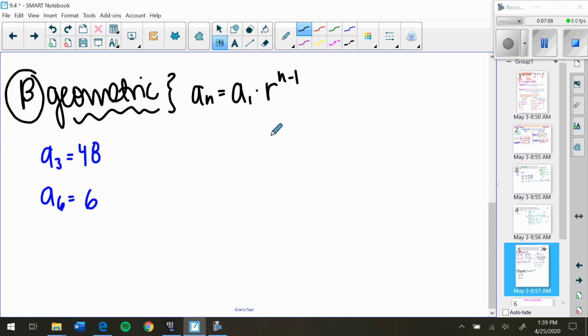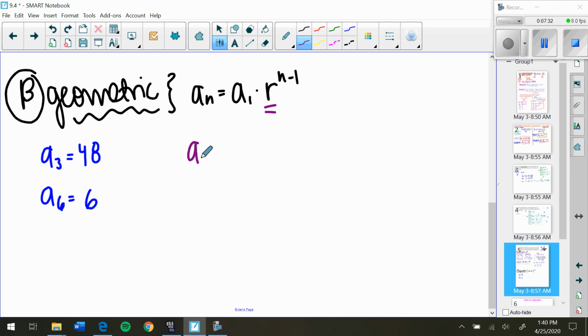But in order to help ourselves find r, we are going to solve a system of equations. Let's take these values that were given, our third term and our sixth term, and write them like this.